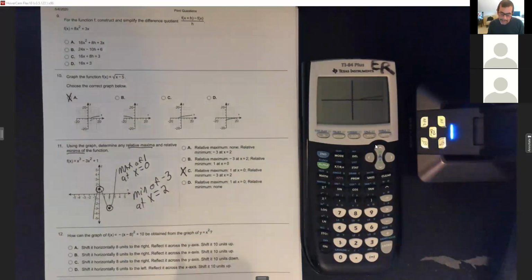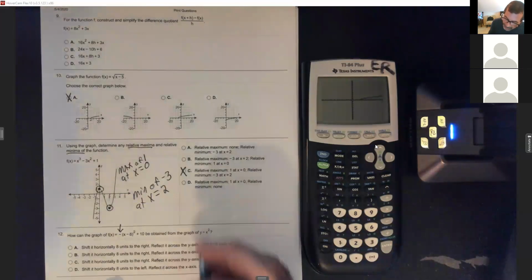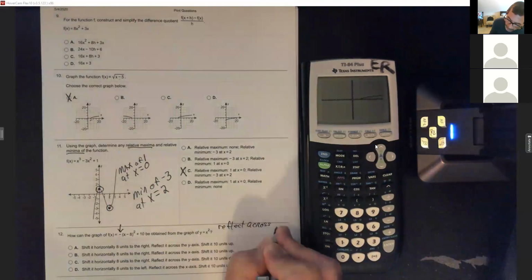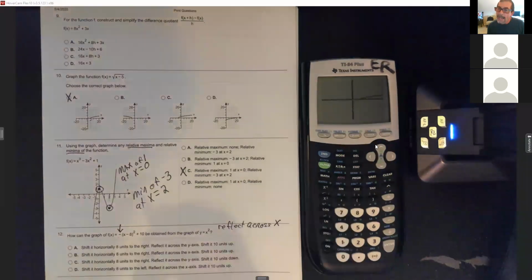All right, this wants to know how can the graph of f of x equals negative 8 minus x squared plus 10 be obtained from that graph. So first, that negative is going to reflect across the x. Remember, the only way to reflect across the y-axis is if I made the exponents negative.